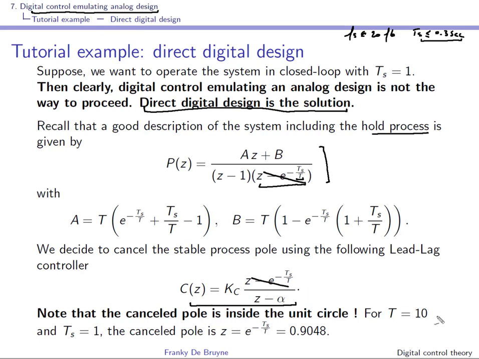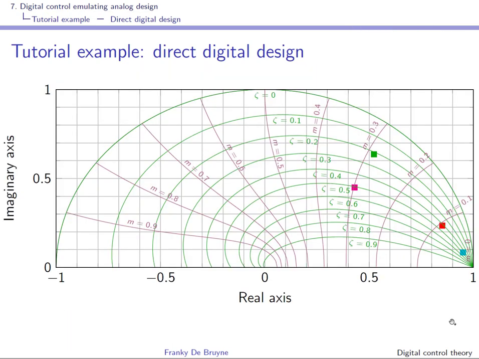If you check, the time constant is 10 and Ts is 1 second, then you can see that the cancelled pole is at 0.9. So indeed it is inside the unit circle. We now have to determine the gain of the controller and this alpha over here. The idea is to place a closed loop pole at beta plus gamma j, right?